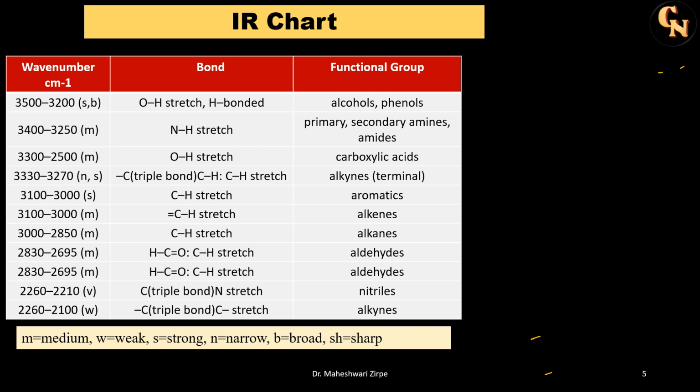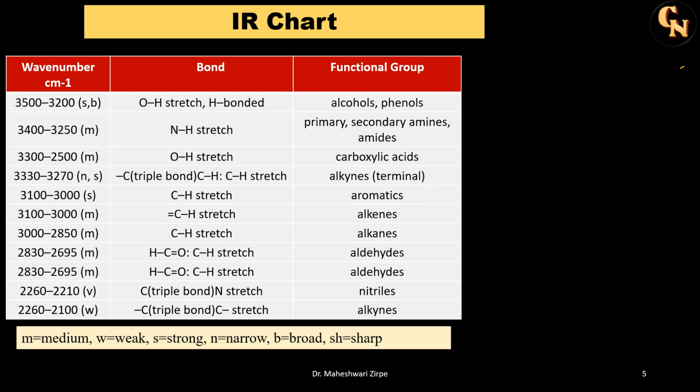Now next is 3300 to 3270. N indicates narrow, S indicates strong. So the signal may be strong but it is narrow. If such is the case, then it may be because of what? It may be because of triple bond CH stretching of alkynes, those alkynes which are terminal.